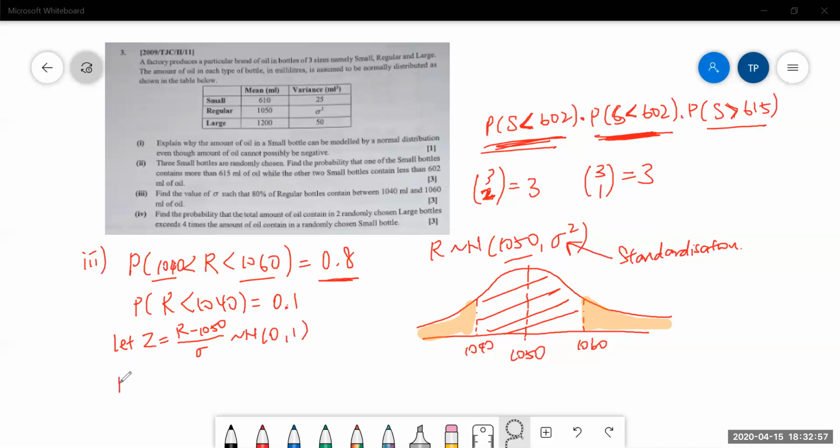Then we can have the probability of R minus 1050 over sigma being lesser than 1040 minus 1050 over sigma equals 0.1. So from here, we have the probability of Z lesser than minus 10 over sigma, which equals 0.1.